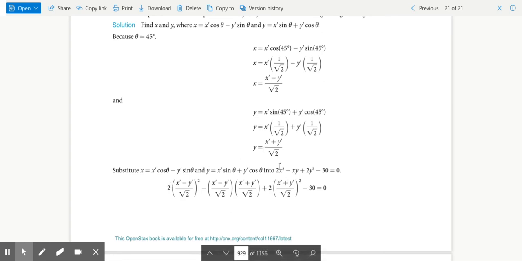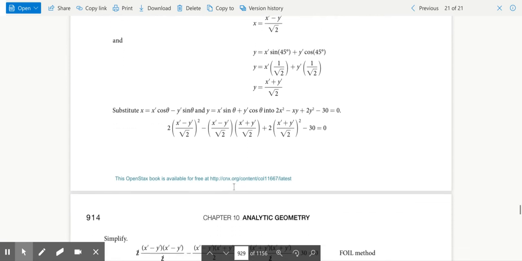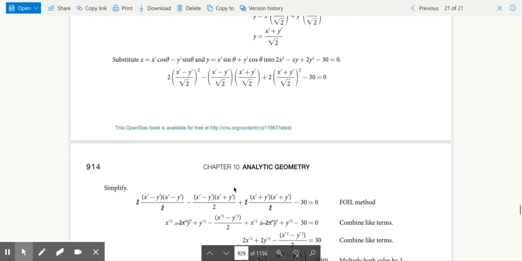So instead of 2x squared, we have 2 times x prime minus y prime over the square root of 2, squared. And then we had minus xy, so we have our x expression times our y expression, plus 2y squared, so 2 times our y expression squared, minus 30 equals 0. And then we're just going to simplify this down. So we're going to have to FOIL this out.